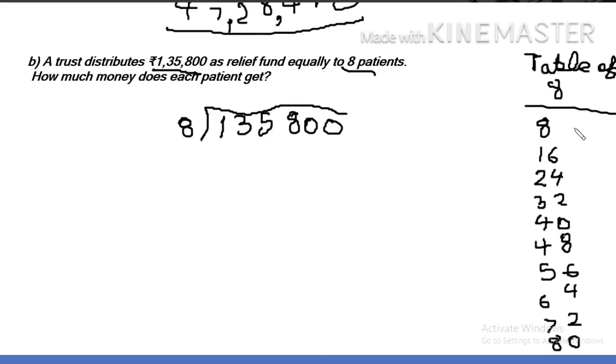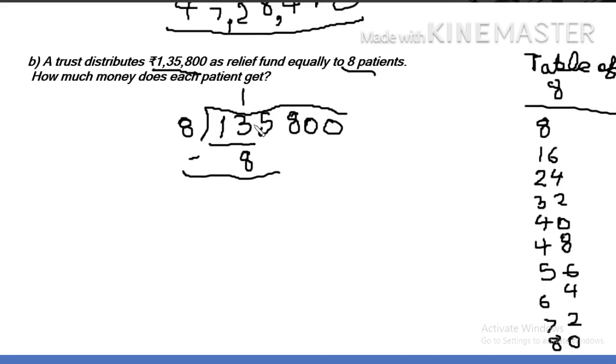So 1 will not go, so we have to take 2 digits. 13. Let's find: 16 is bigger than that, so we have to take 1 time 8 and subtract it.